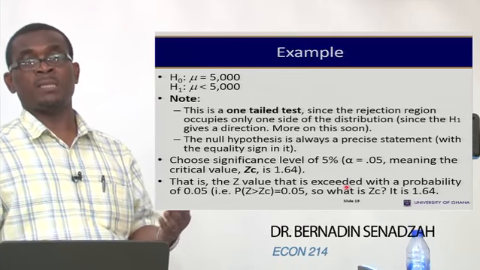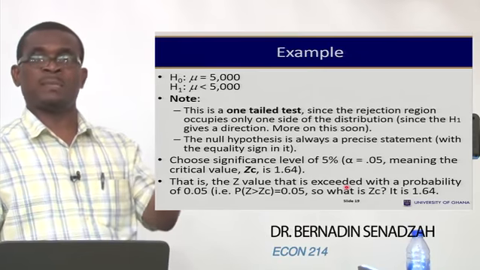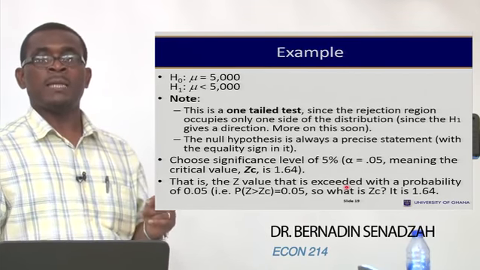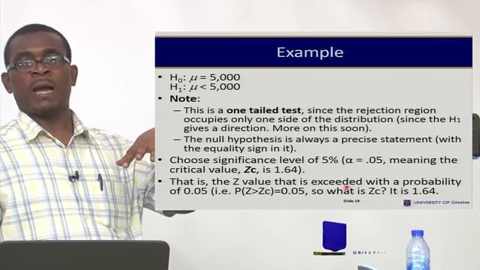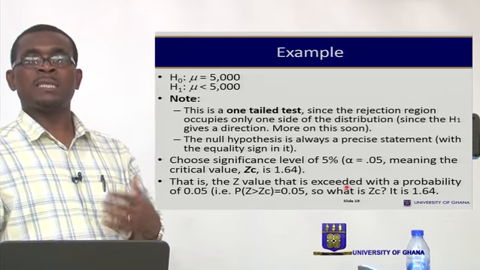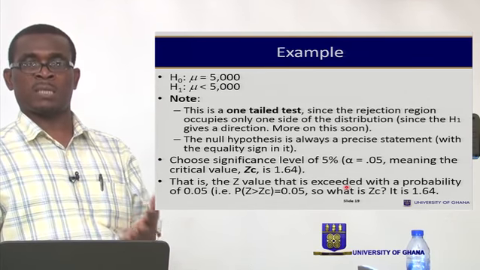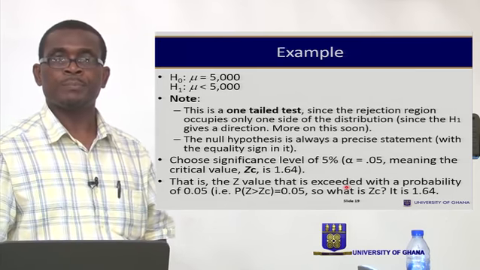So we could have written the null as greater than or equal to 5,000, but it doesn't change anything. Given that we've written the alternative as less than 5,000, we're dealing with what we call a one-tailed test. We'll talk about this in detail shortly.